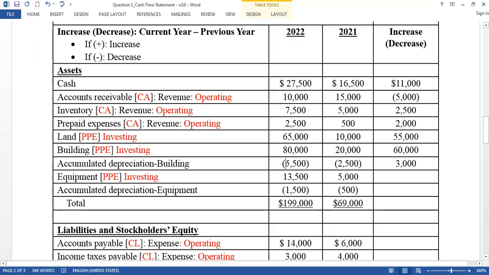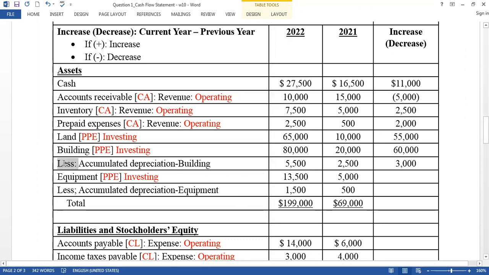So here, if you don't use this minus sign, if you learned your principles of accounting 1, this is a less item, right? So we don't need to use the minus sign here. We can avoid the brackets from the question; we can put it either way.